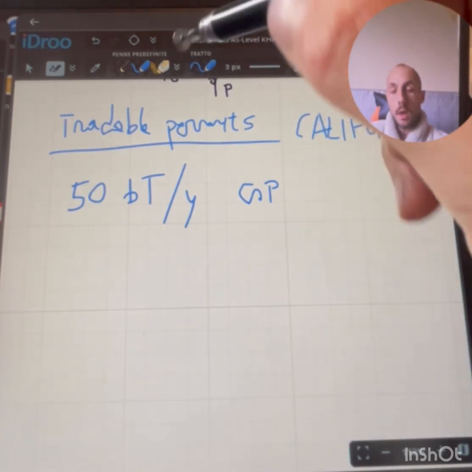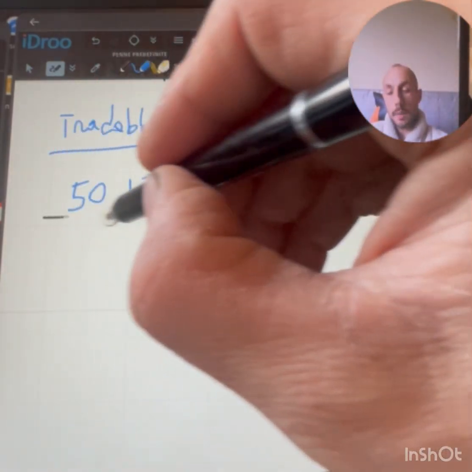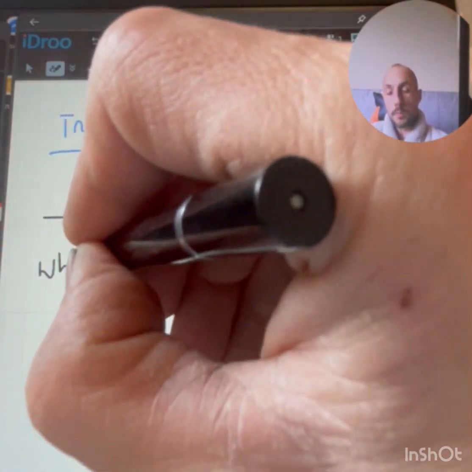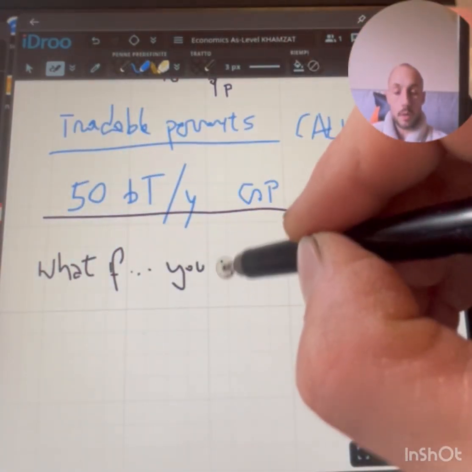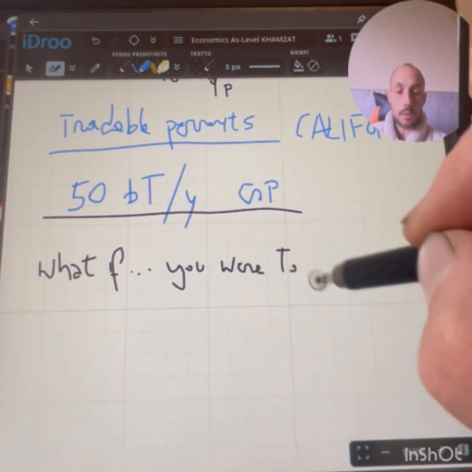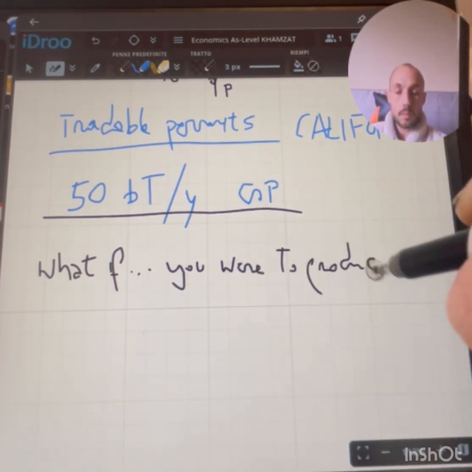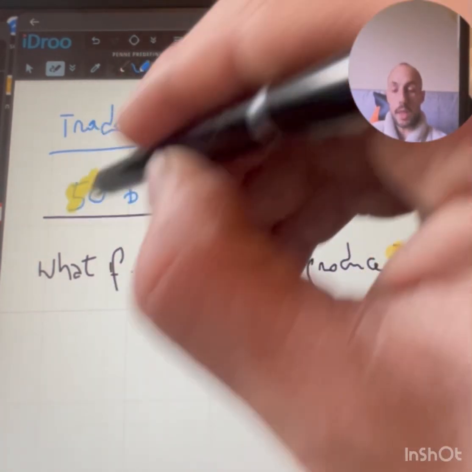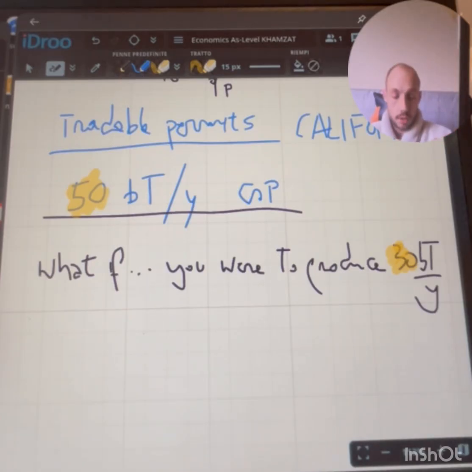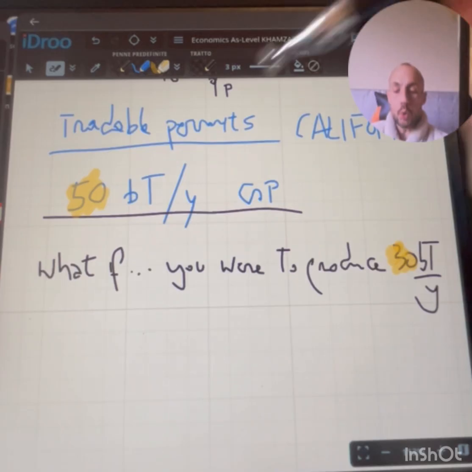Okay. But what if you were to produce 30 billion tons a year? So this 30 is a lower figure than the 50 that you could produce, right? Right. So what would you do?